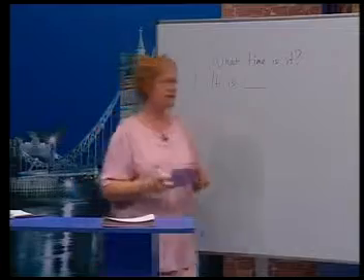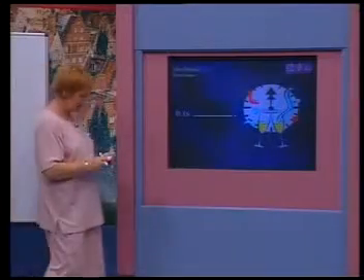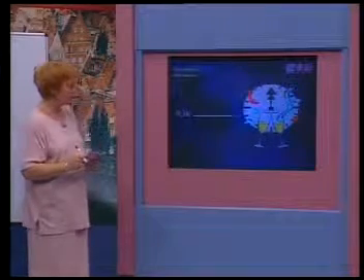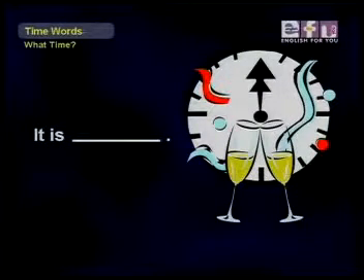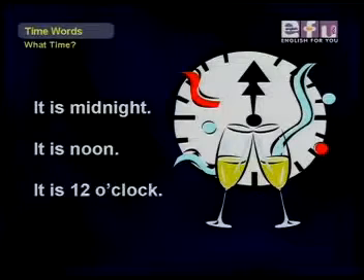So now we're going to practice with our assistants. And we'll start with Ali. So Ali, what time is it? I want you to say the time all the ways that you can. It's midnight. It's noon. It's 12 o'clock.